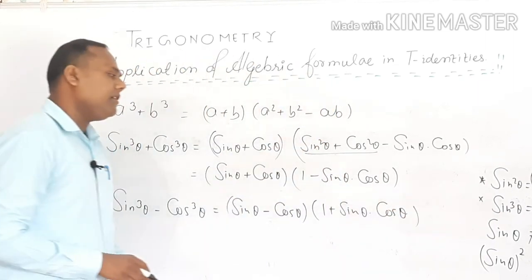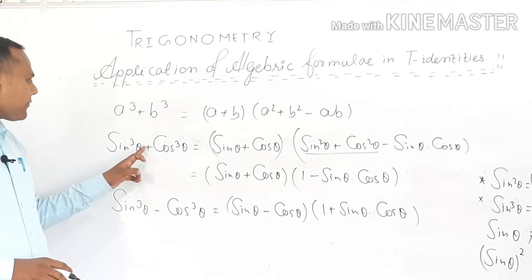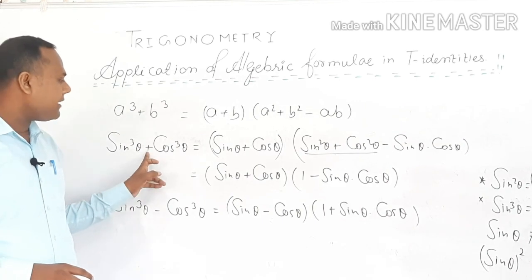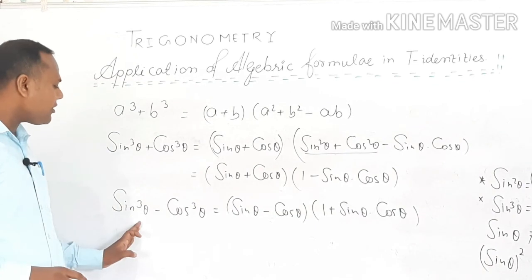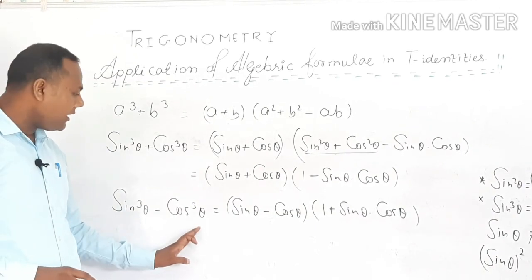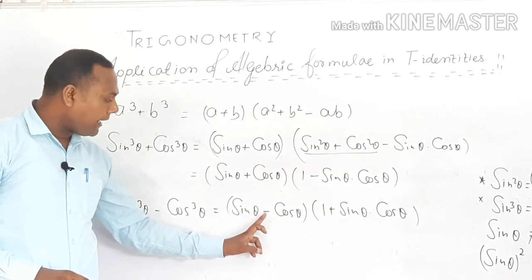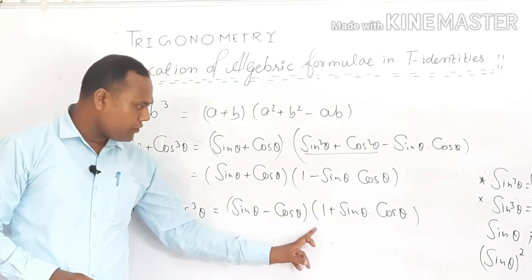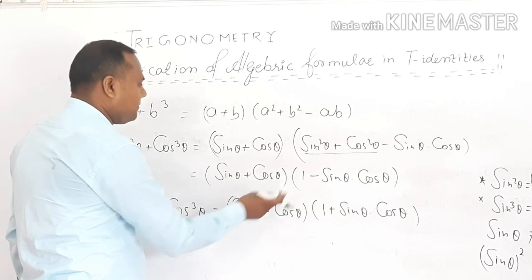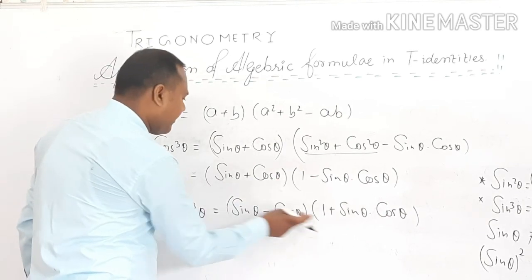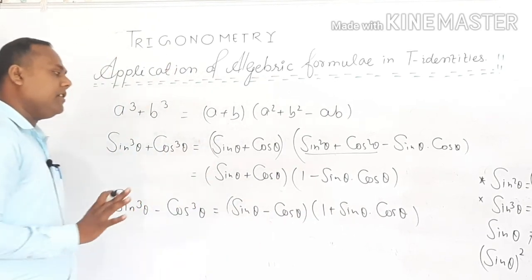Directly you can write it, because here is plus and in this formula it is plus and minus. Minus changes into plus and plus changes into minus, nothing else.